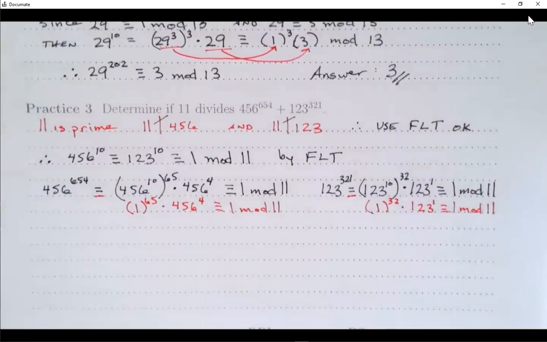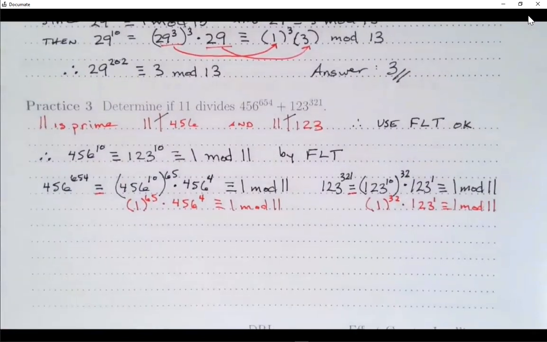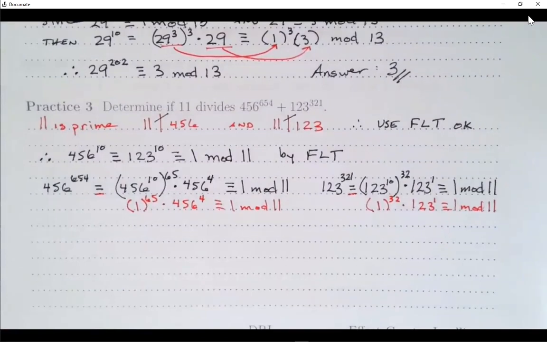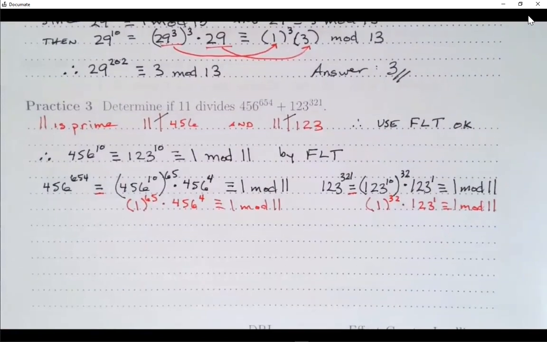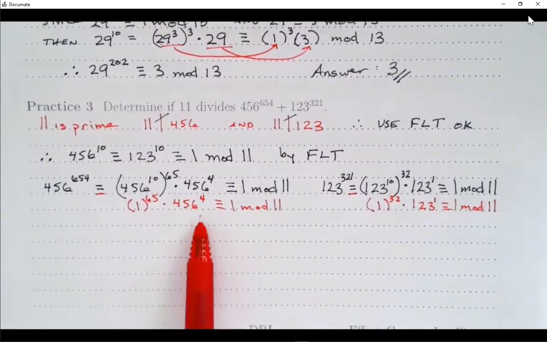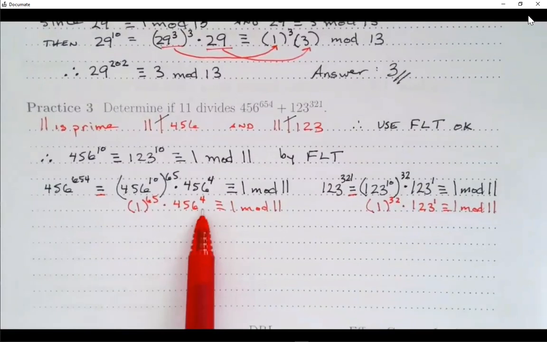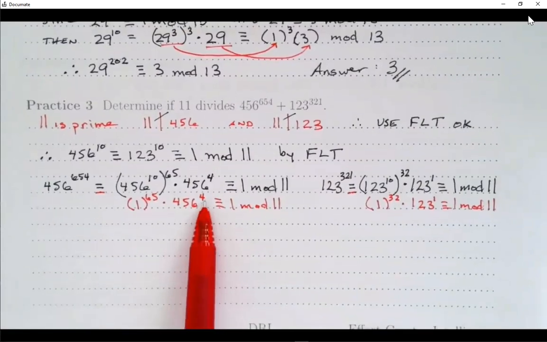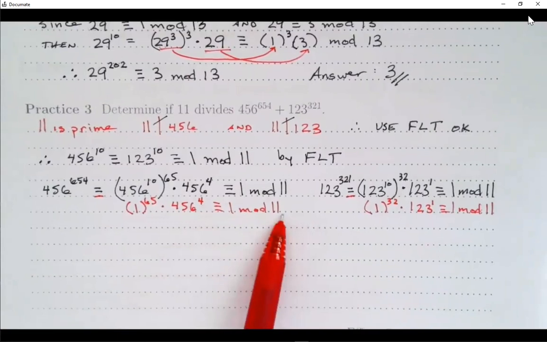Okay. So what might our next step be? Well, our next step would be as follows. We could determine, well, 456 raised to the 4th power has what remainder on division by 11?